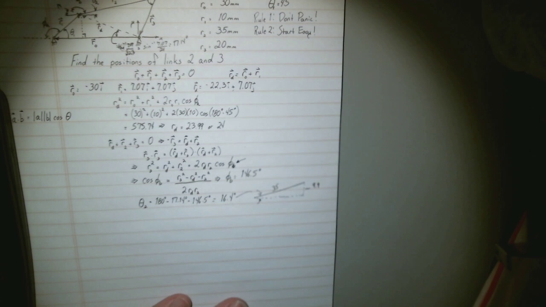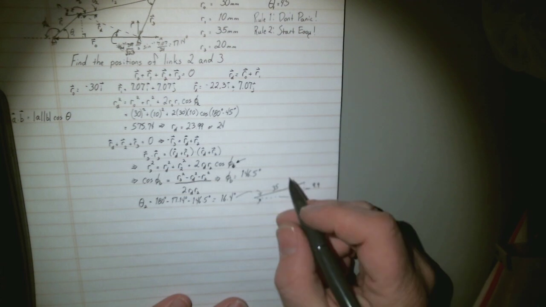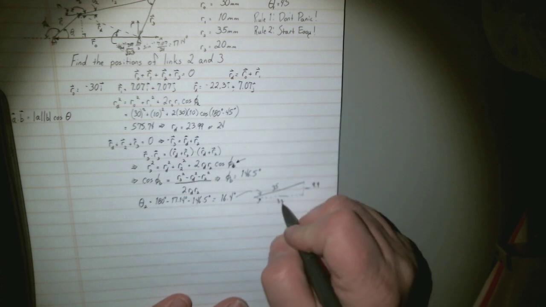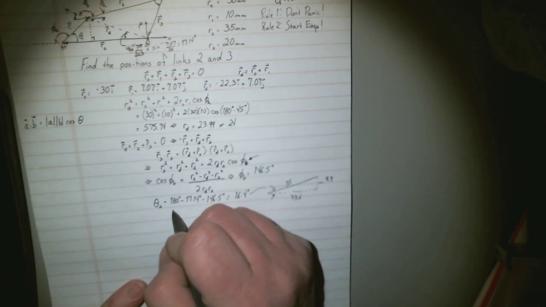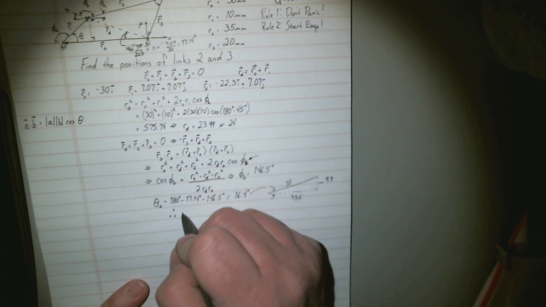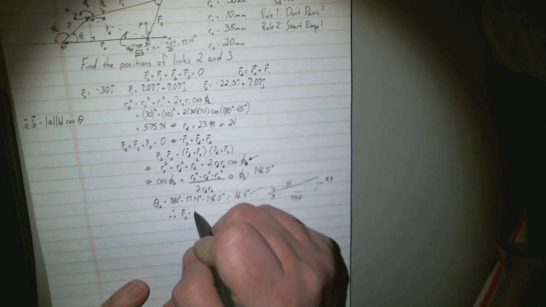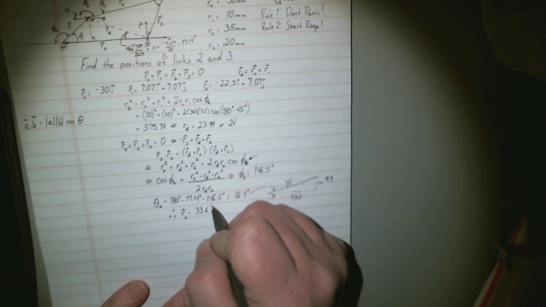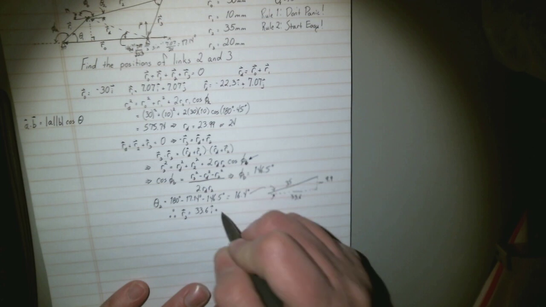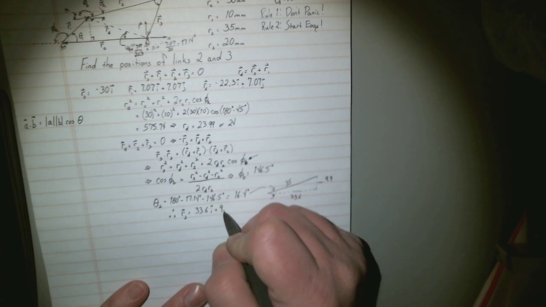This side is 16.4 cosine, multiply it by 35, 33.6. Therefore, r sub 2 is equal to 33.6 i plus 9.9 j.